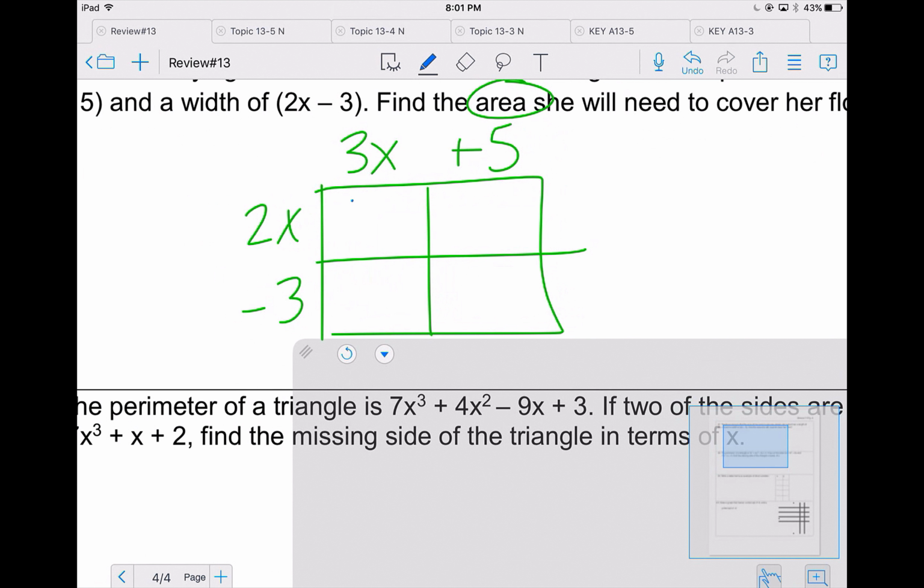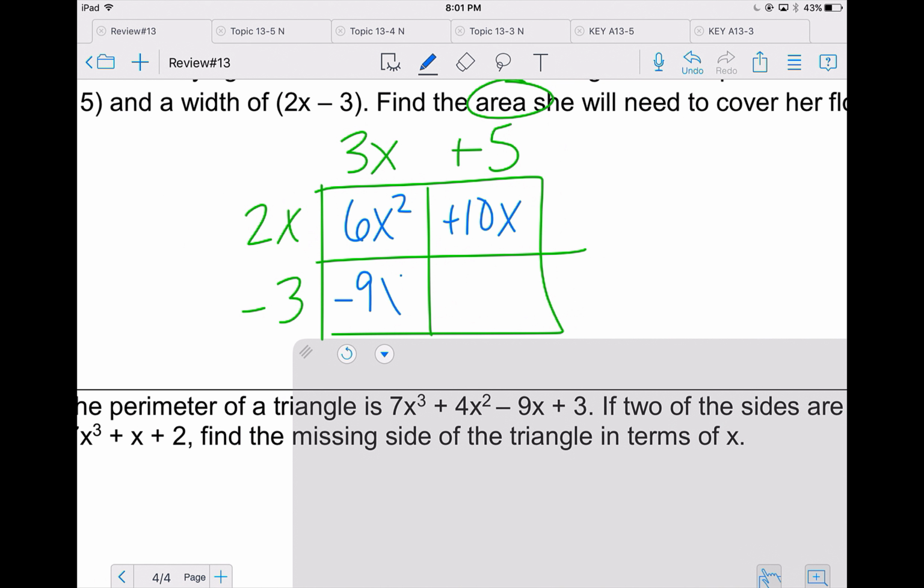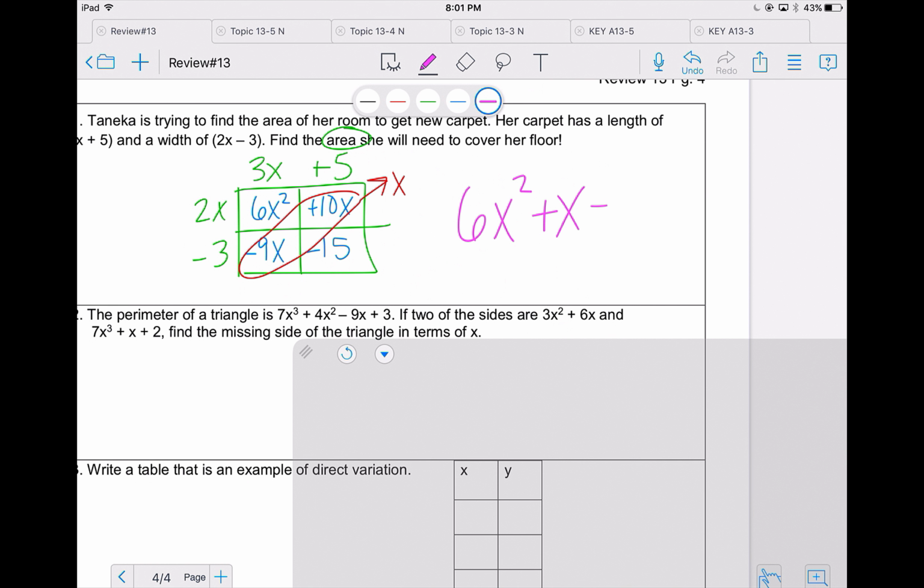So 3x times 2x is 6x squared. 5 times 2x is 10x. 3x times negative 3 is negative 9x, and 5 times negative 3 is negative 15. Combine my x's, 10x minus 9x is 1x, so my total answer is 6x squared plus x minus 15.